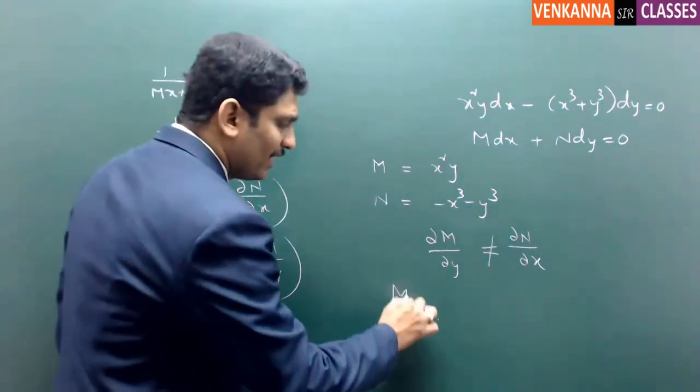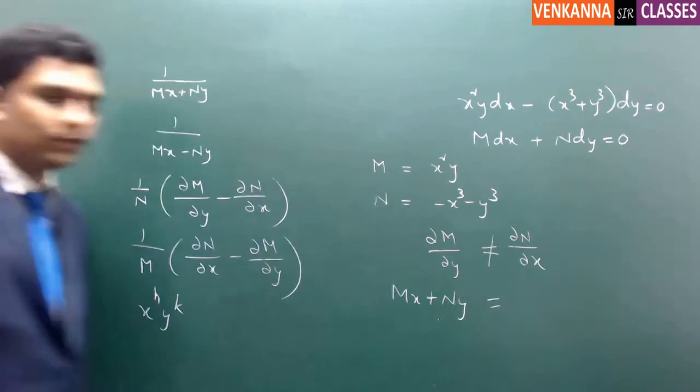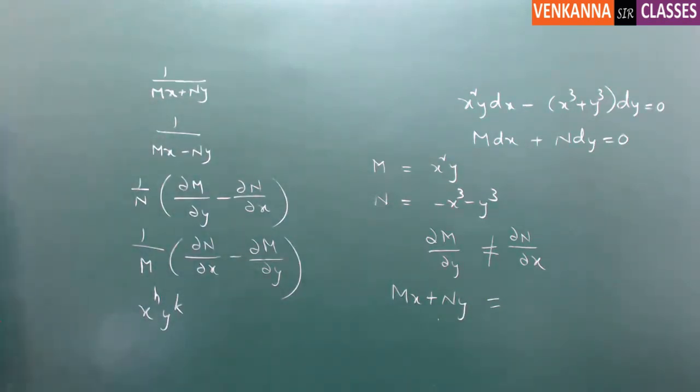Now evaluate the value mx plus ny. So please tell this value to me on calculating. What is the value of mx plus ny? I think you are doing along with me.